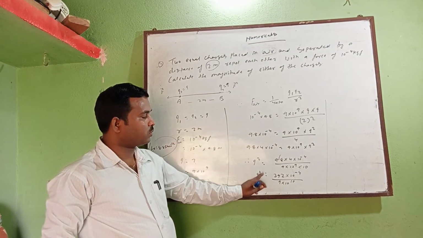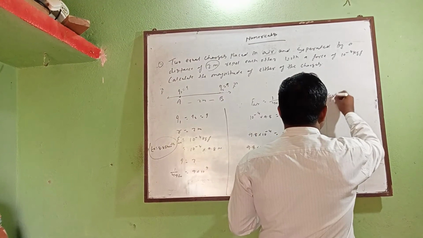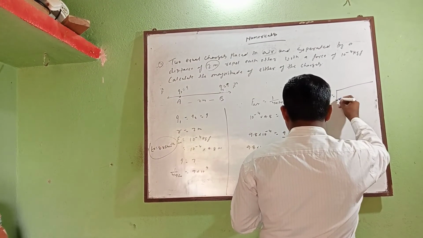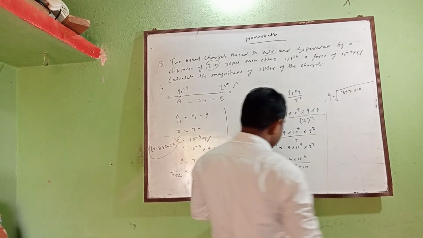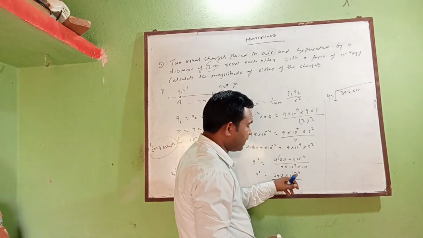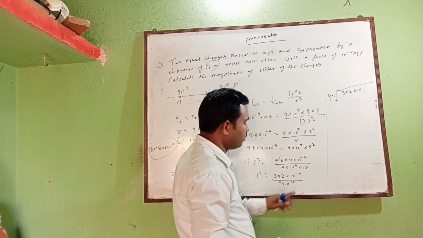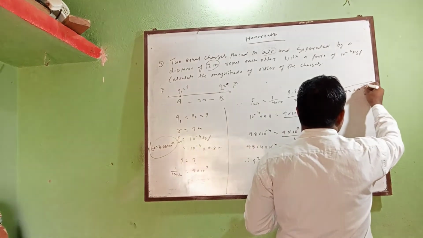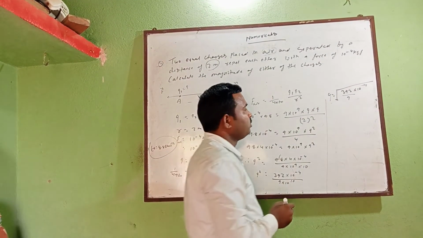This square you will adjust, so Q equals root under 3.92 into 10 to the power, here is minus 4 and here is 10, so this will shift upwards, so here will be minus 14, and 9.8 upwards. Now you can divide this.